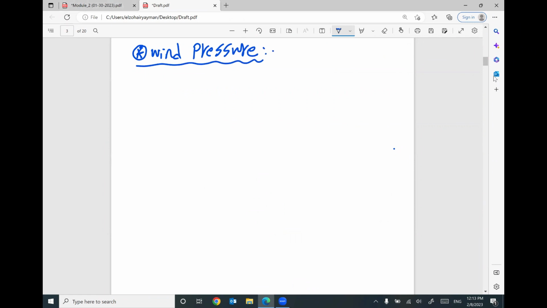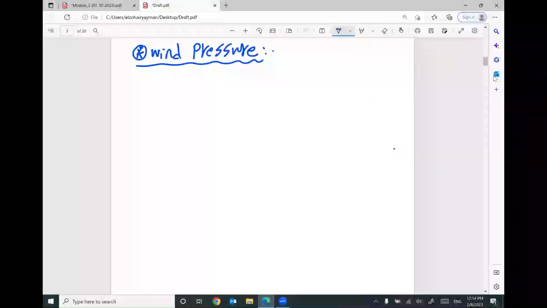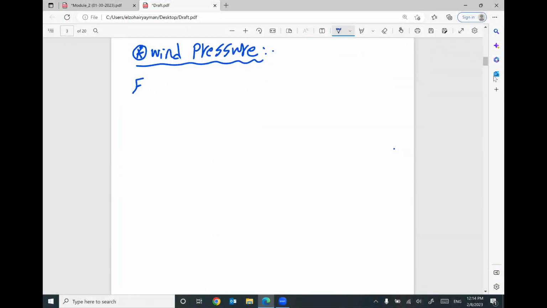Keep in your mind, we have different parts of this house: windward wall, this side of the building. So I'm gonna start with this side, windward wall.